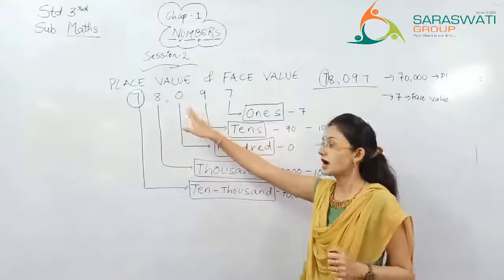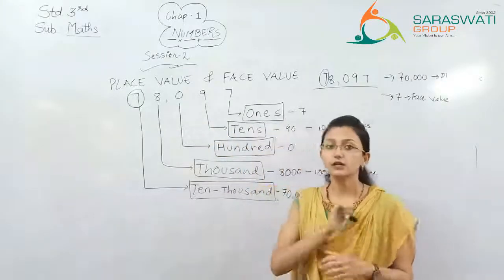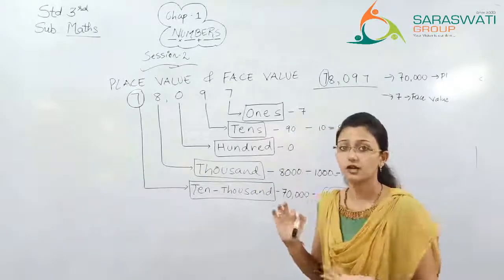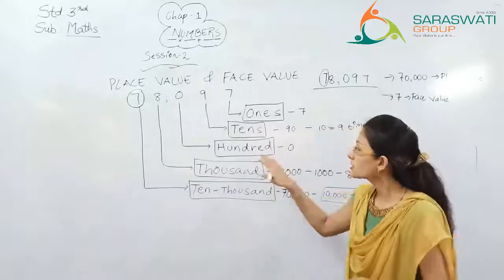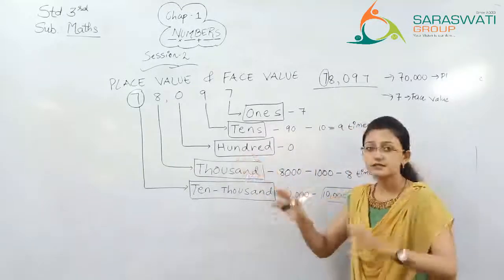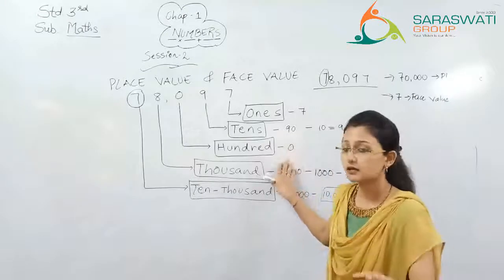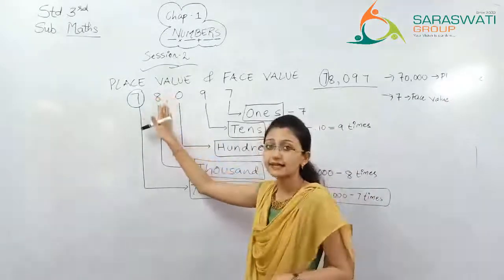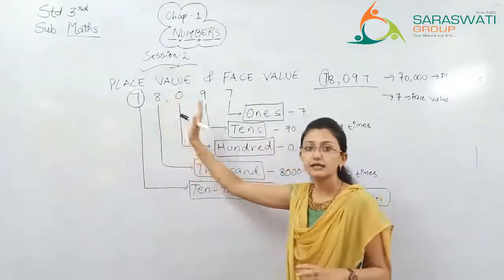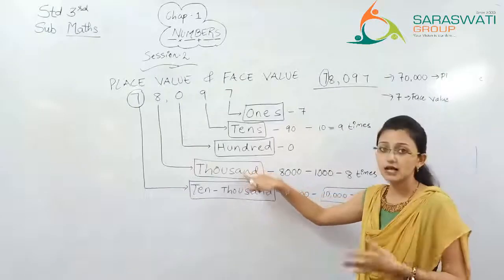Then over here it's hundreds. In the hundreds place it's only 0, and you cannot multiply or divide with 0. So here hundreds is itself a 0, and we will not write any number. Next is thousands. The place value of 8 is thousands.